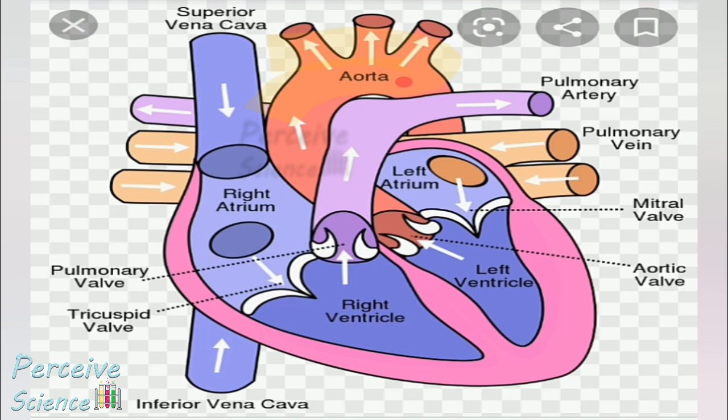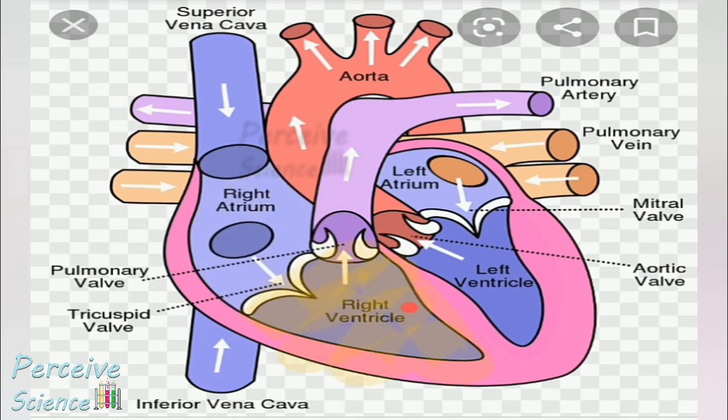After the blood is used up by the cells and tissues of the body, the blood gets deoxygenated. Now, this deoxygenated blood from the upper and lower parts of the body enters the right atrium through the superior vena cava and inferior vena cava. When the blood enters the right atrium, it pumps the blood down to the right ventricle.